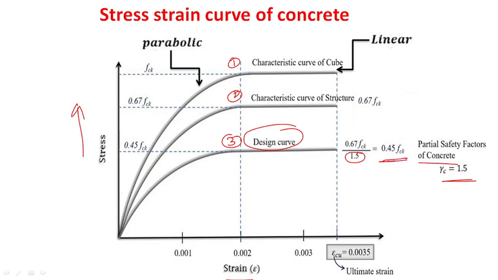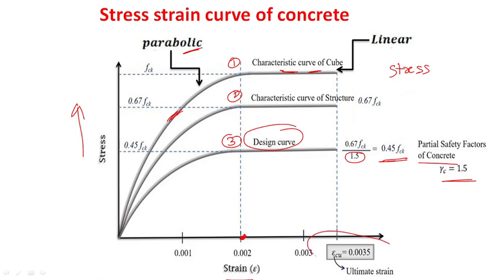And another important point, this is about the stress. When you see, there are two different portions: this is the parabolic portion, this is the linear portion. Here you can see 0.002, at this point the portion is changing from parabolic to linear.